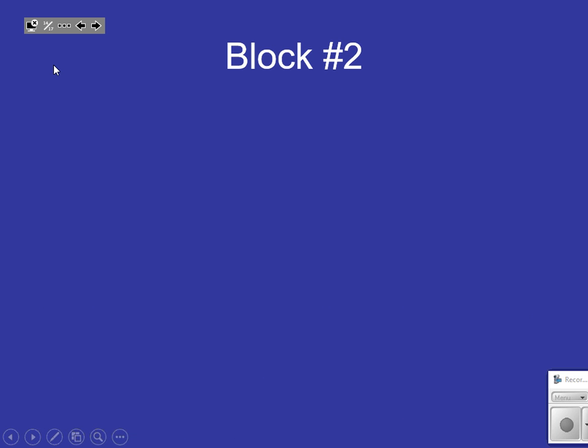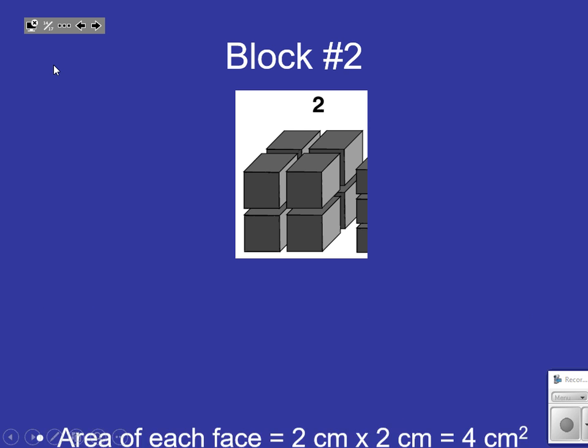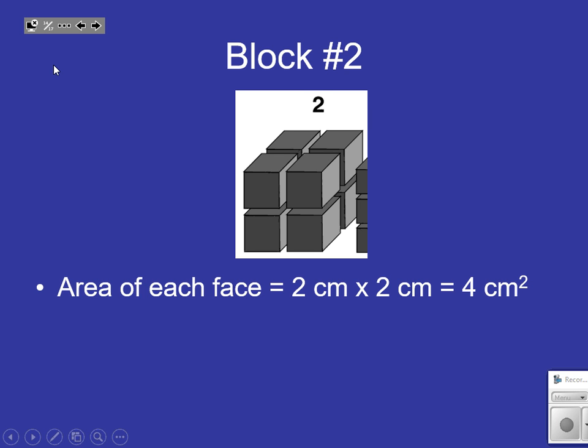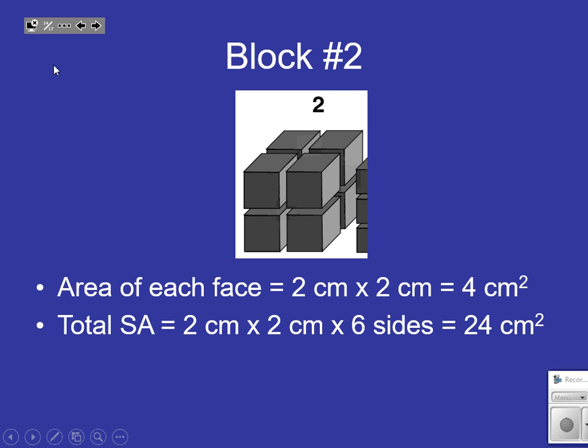Now let's look at block number 2. Block number 2 is a 2 centimeter block, a little bit smaller. So 2 times 2 is 4. What's 4 times 6? You math wizards, what's 4 times 6? How about 24 centimeters squared? So my total surface area is 24 centimeters squared.